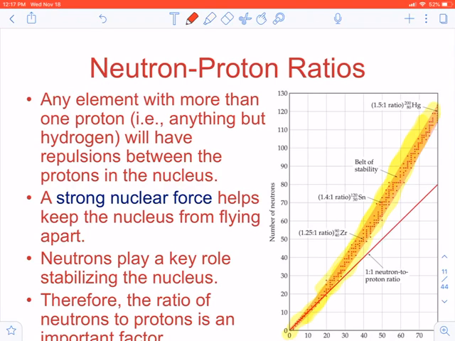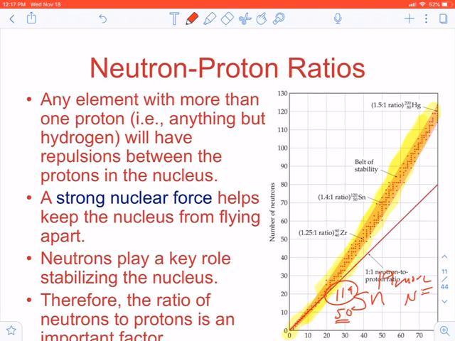But if you go to element 50, Sn, it has a mass number of 119 but an atomic number of 50. If it was 1-to-1 the whole time, 50 plus 50 would be 100. But this isn't 100, it's 119. It actually has 19 more neutrons than it should have.